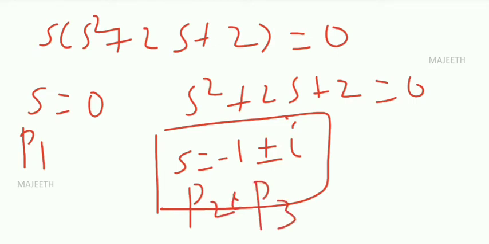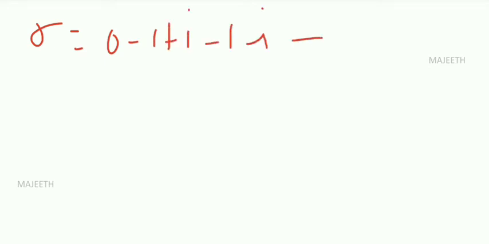So what is my centroid? Centroid is given by the sum of poles, that is 0, plus (-1 + j), plus (-1 - j), minus sum of zeros.